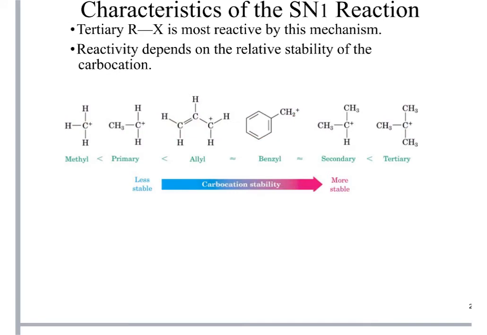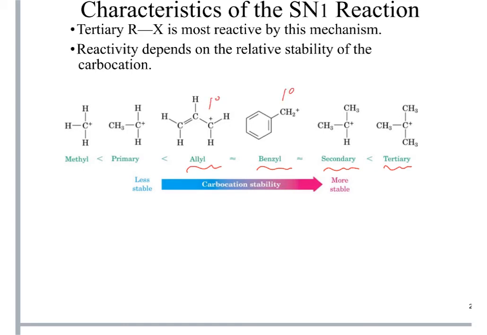So the relative order of reactivity is that tertiary will be much more reactive than secondary alkyl halide and the resultant carbocation, which is about just as reactive as the benzylic carbocation and allylic carbocation of the primary type.